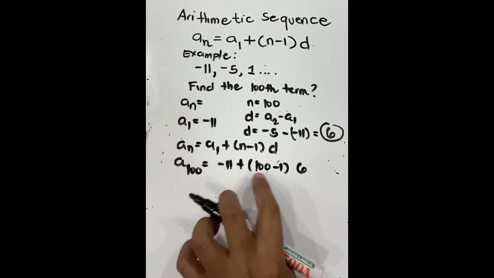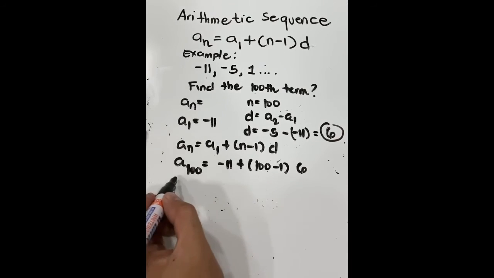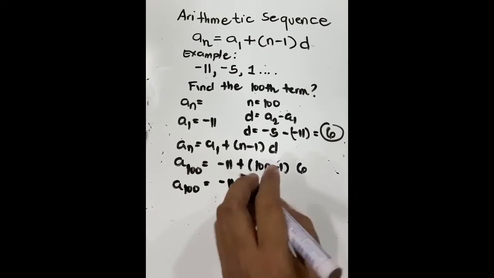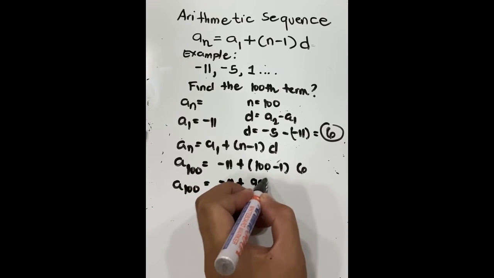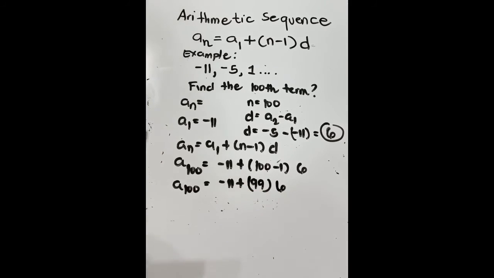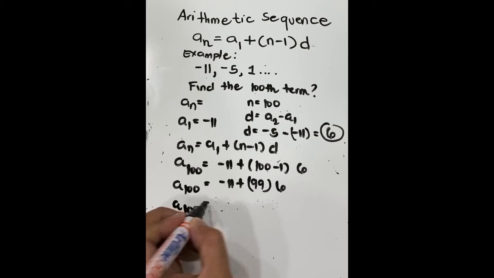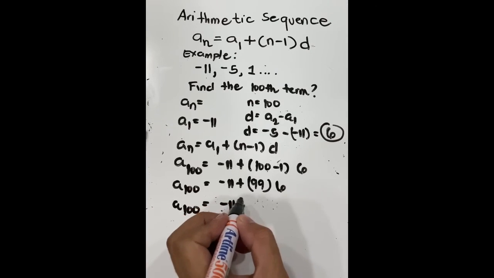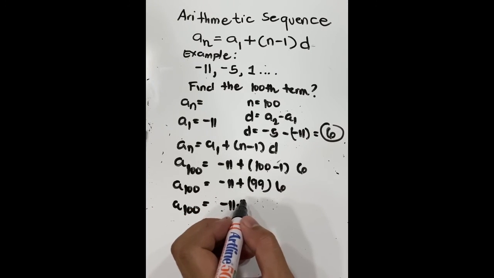So again, unahin natin yung may parenthesis. So that is 100 minus 1, that is 99, times 6. Okay, so 99 times 6, that is 594. Tama ba ako? 594.